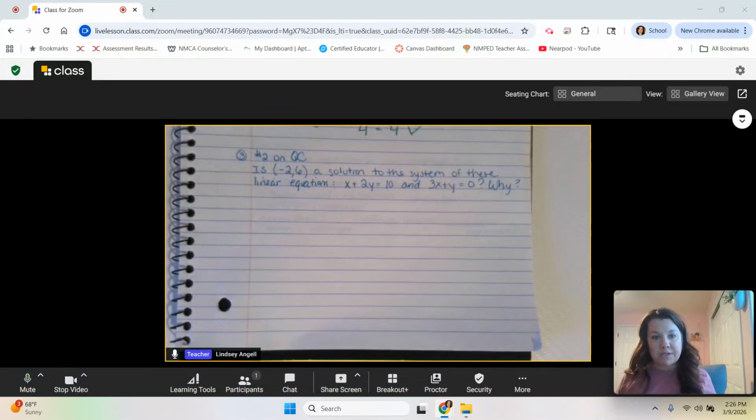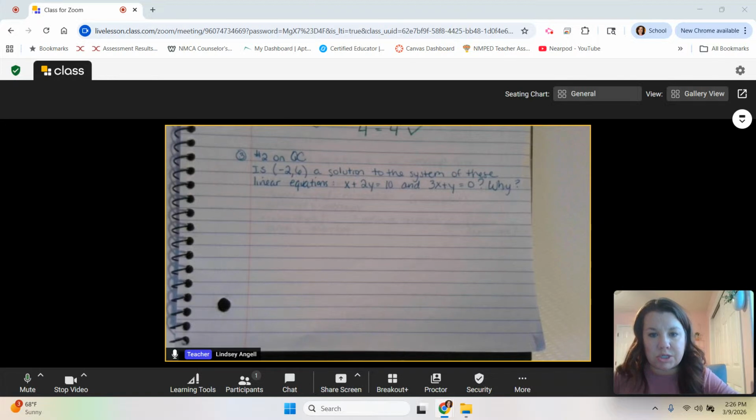The final one for today is number 2 from your quick check. It says, is negative 2, 6 a solution to the system of these linear equations? x plus 2y equals 10, and 3x plus y equals 0. Okay? So, let me get to that one on my other screen just to make sure.